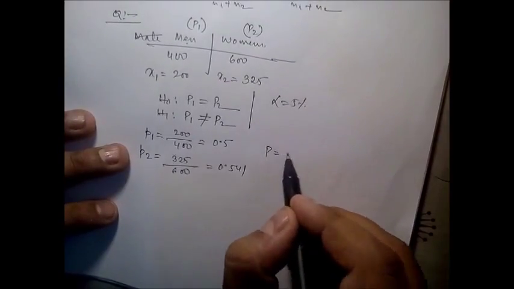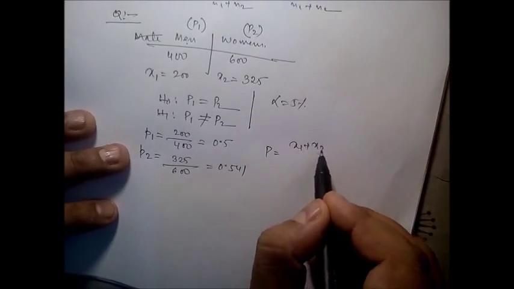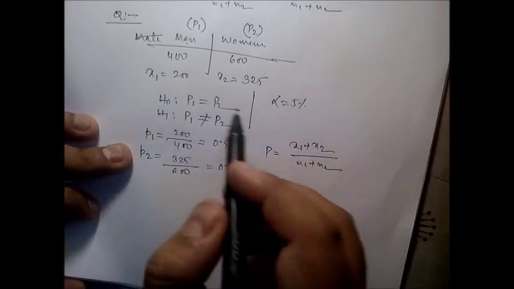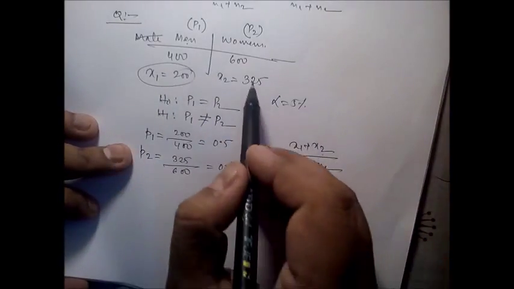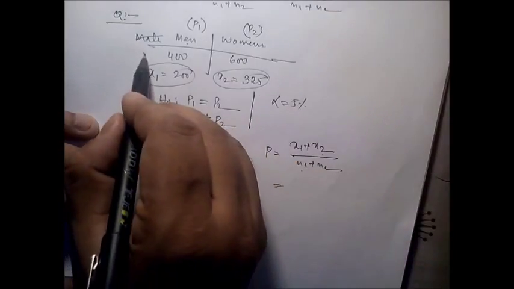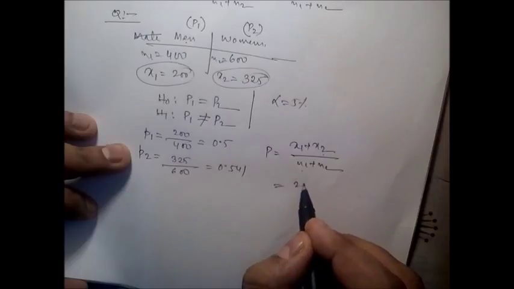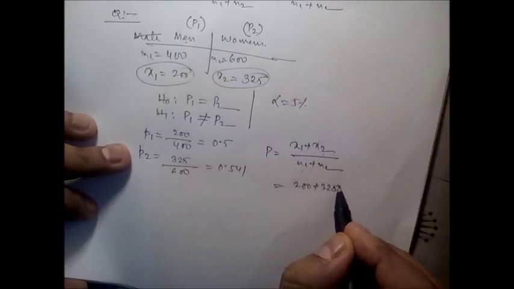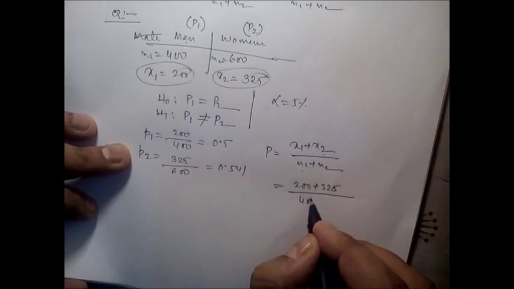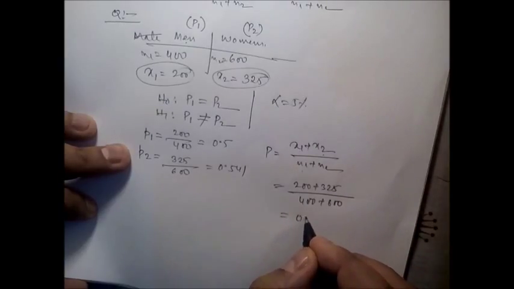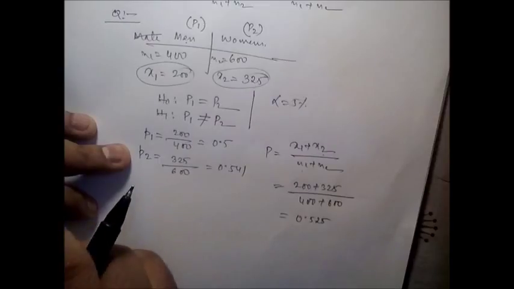Now pooled estimate is what? X1 plus X2 by N1 plus N2. X1 is this, X2 is this, N1 is this and this is N2. So 200 plus 325 by 400 plus 600, that is 0.525.